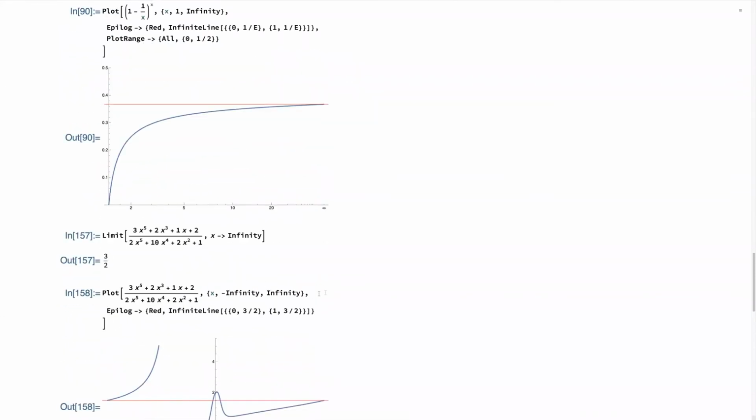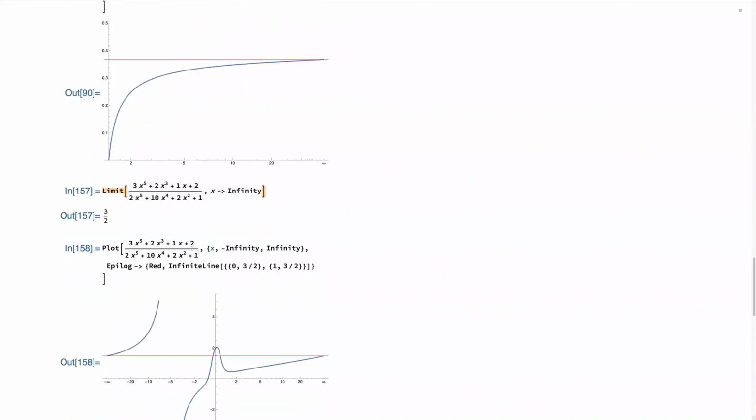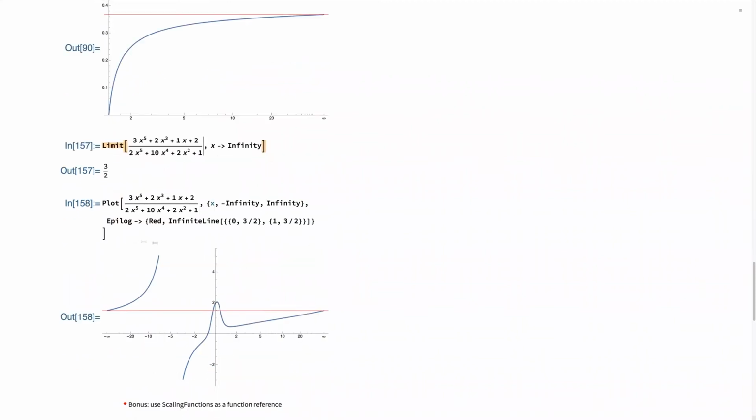For another example, a rational polynomial function, the limit of this function is dictated by the coefficient ratio of the highest order terms, so nothing else matters. So this limit is 3 divided by 2.